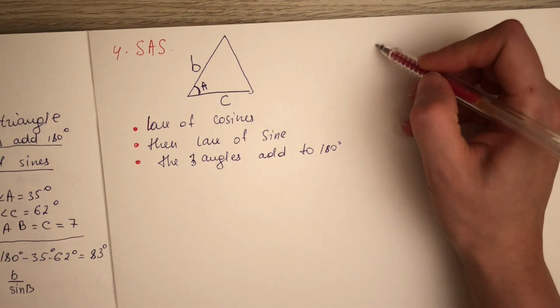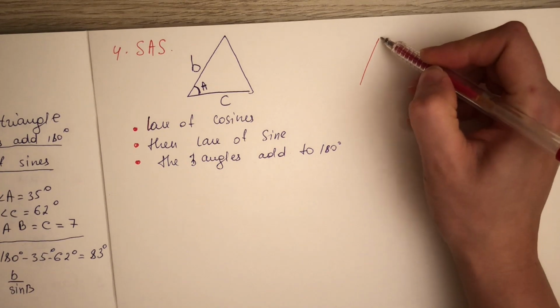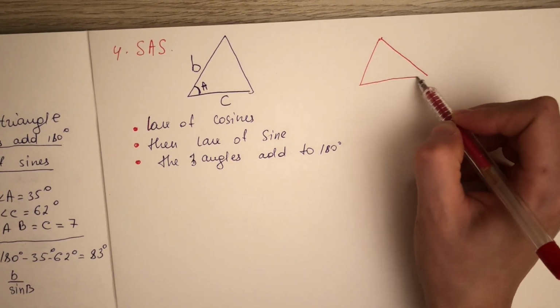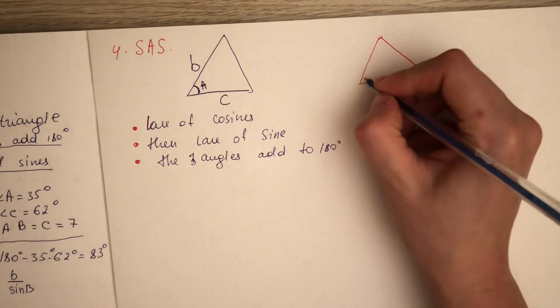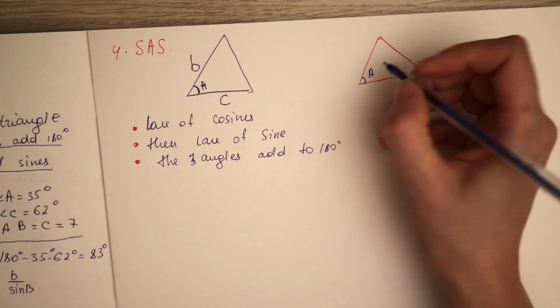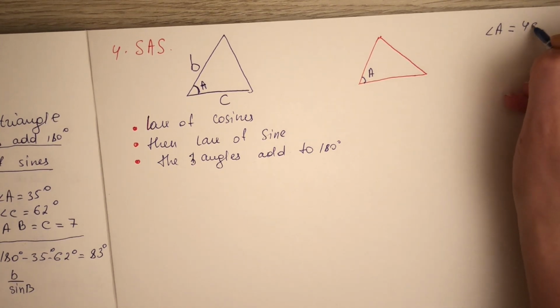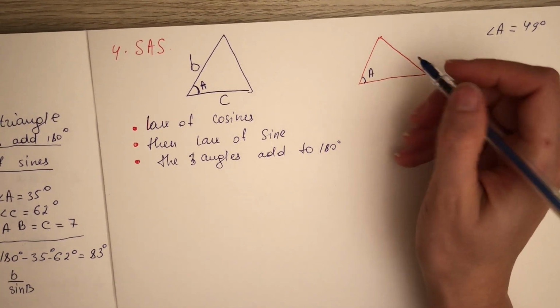Let's show the example. This is our triangle. Here we have A, and angle A is equal to 49 degrees.